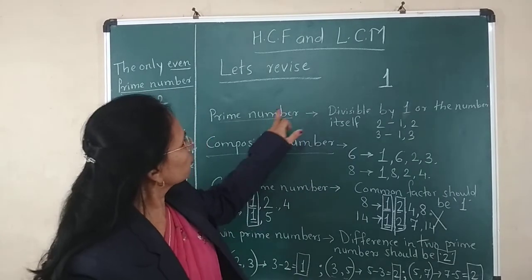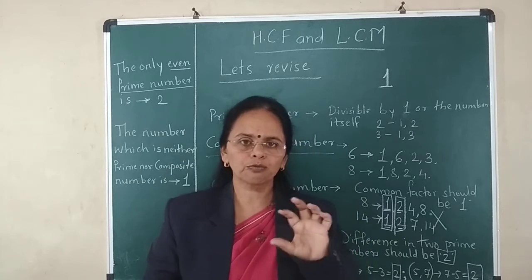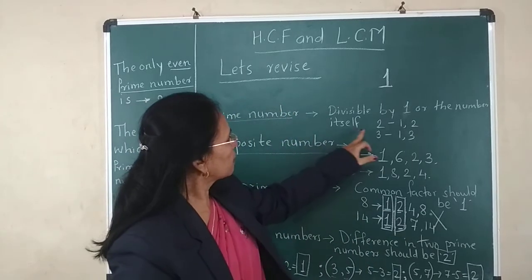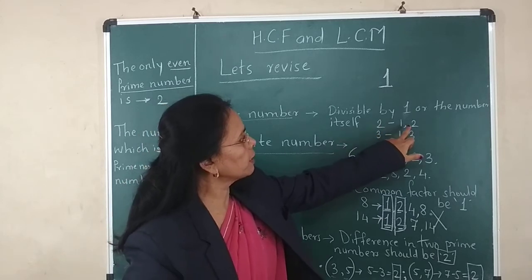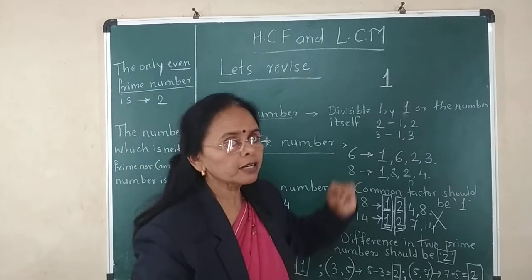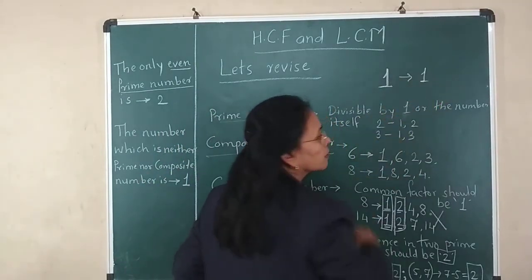So two more concepts are there in prime numbers. If the definition of a prime number is the number which comes in the table of 1 and the number itself, then what is 1? 1 comes only in the table of 1.